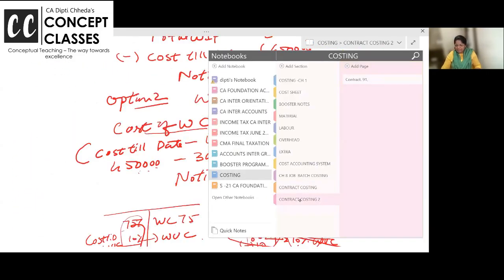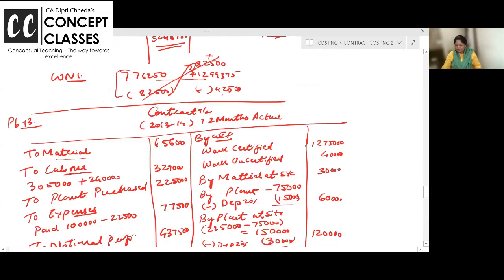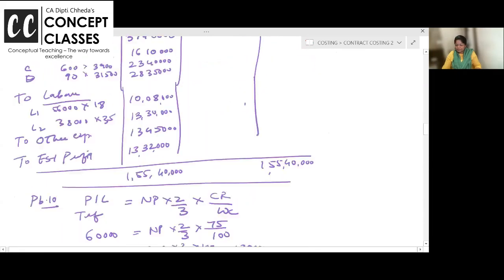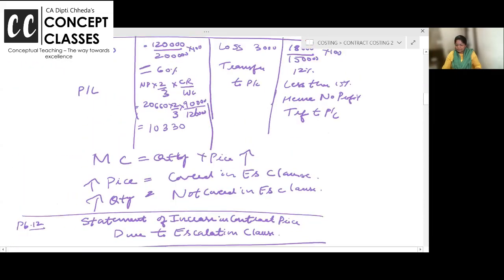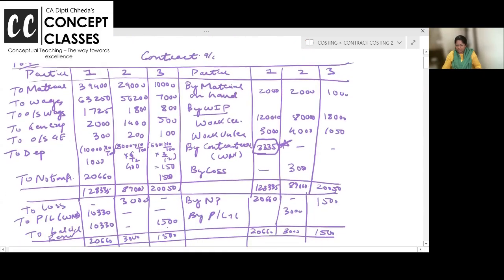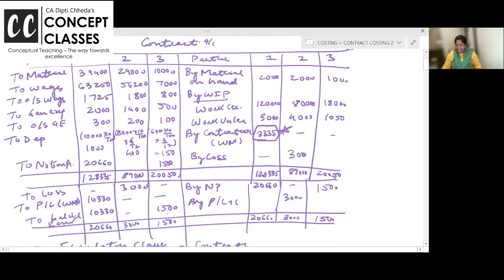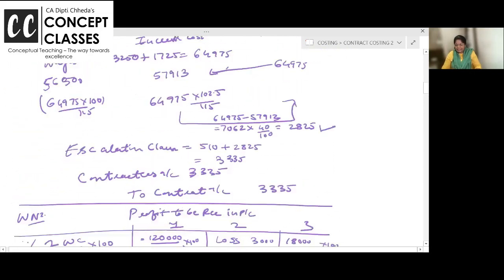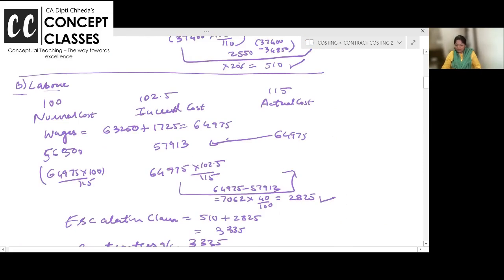Then in the third class, yesterday, third ki fourth tha pata nahi. Yesterday we have worked out the problems for escalation clause, and that too if 2-3 contracts are there. Can you prepare columnar form like this? Yes. Escalation clause was clear to all of you.